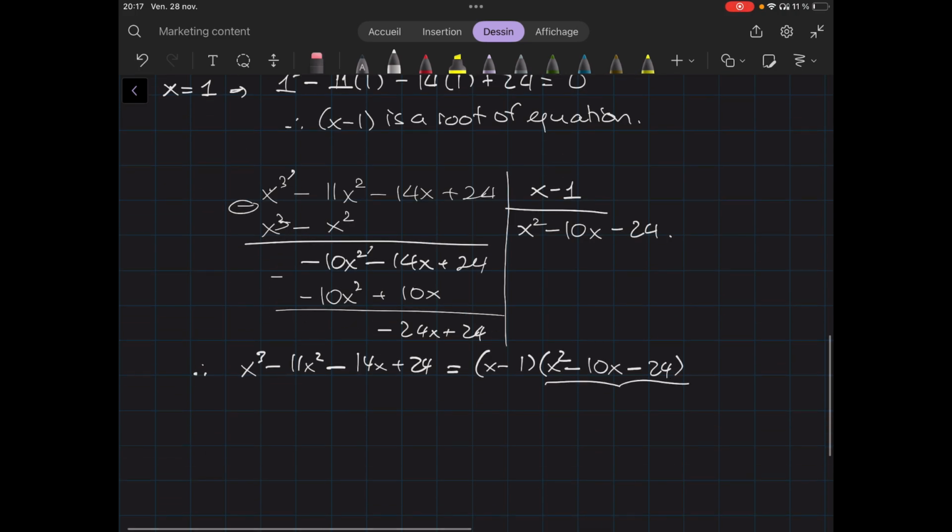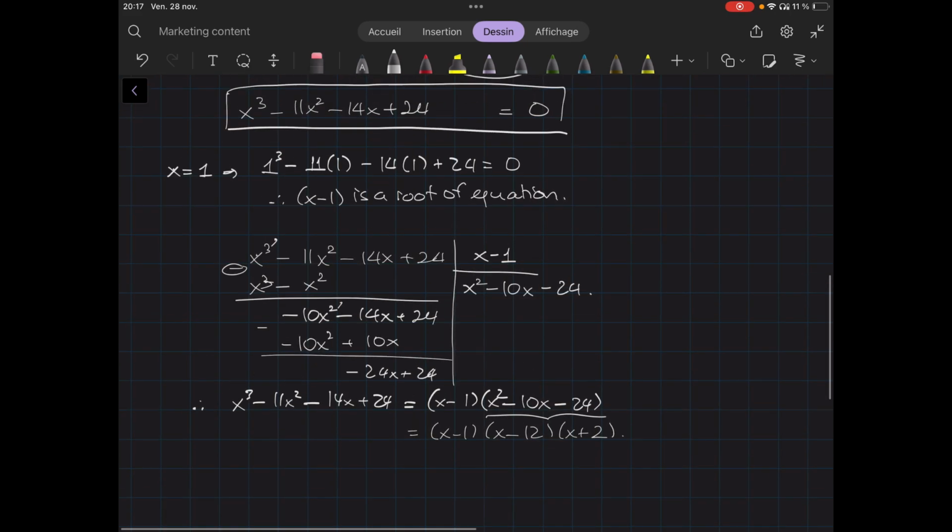We can then factorize this even further. After factorizing the cubic, we can now write down the roots of the equation: 1, 12, and negative 2.